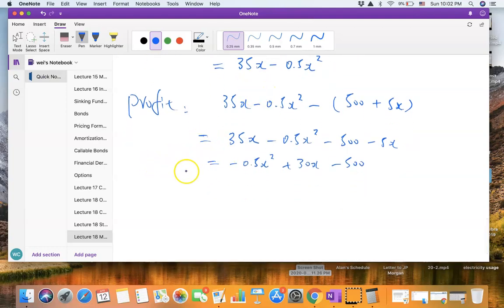Okay, so now we have expressed the profit as a function in terms of x. Let's call the profit as a function P(x).